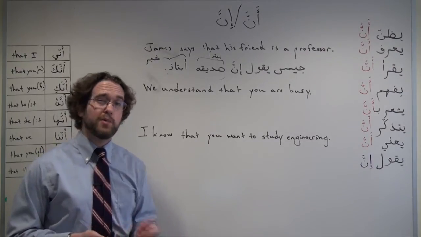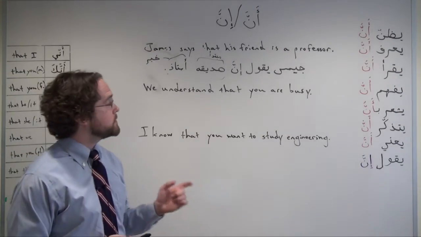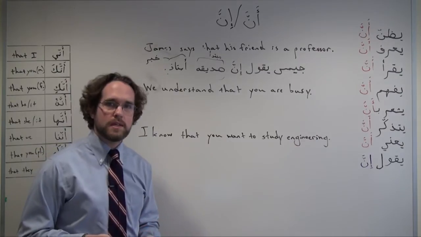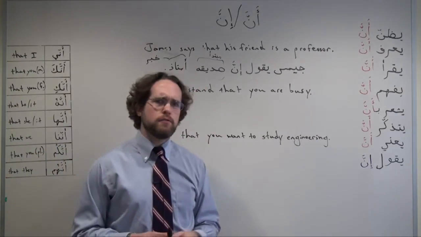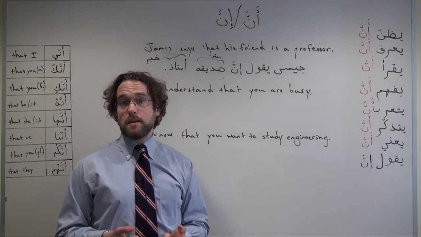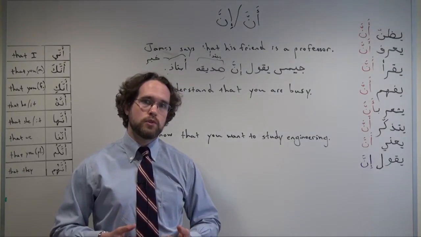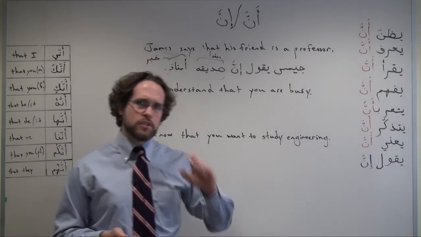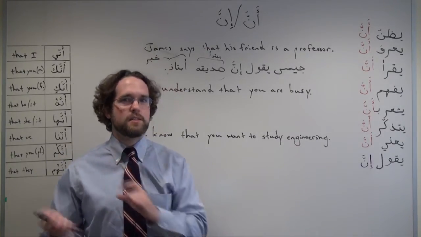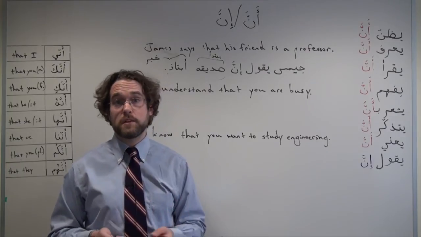Now, what if we want to use a pronoun? In that case, we still need that jumla ismiya, that nominal sentence, and what we need to do is attach a suffix to anna or inna. If you've studied li'anna, one of the words that we can use to express because in Arabic, you remember that we attach suffixes that are almost identical to the possessive suffixes.